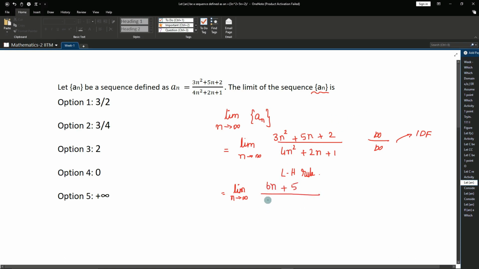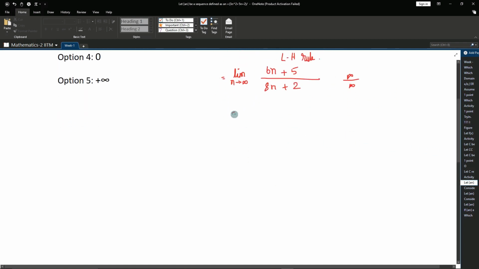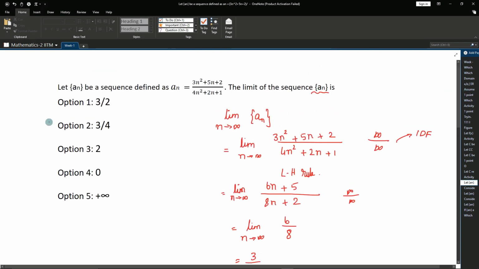The denominator gives 4 times 2, which is 8n plus 2. Again, if we substitute n as infinity, we get infinity by infinity, so I'll apply L'Hospital's rule again. Differentiating again, I have 6 by 8. Now there's no point in applying the limit as there is no n. So I'll have 3 by 4 as the answer. This is the correct option.